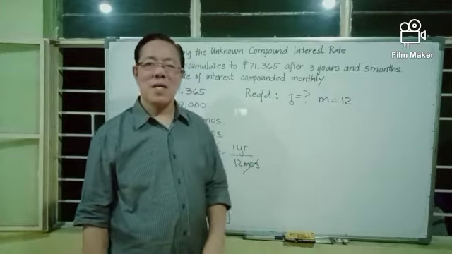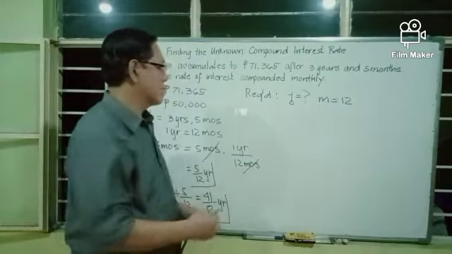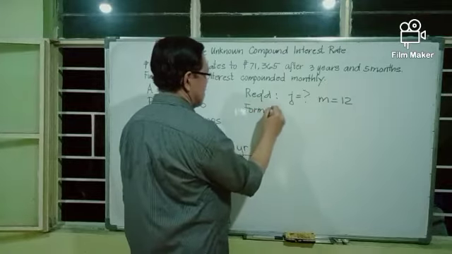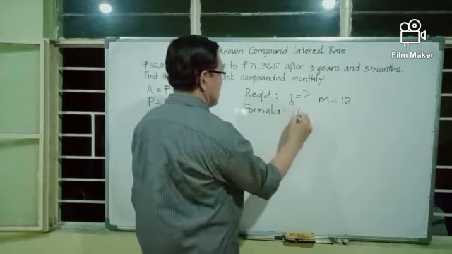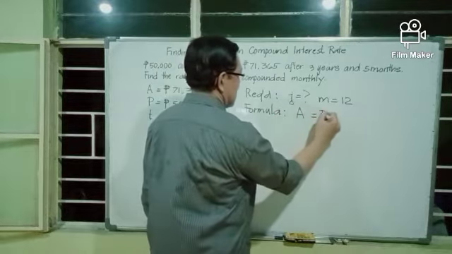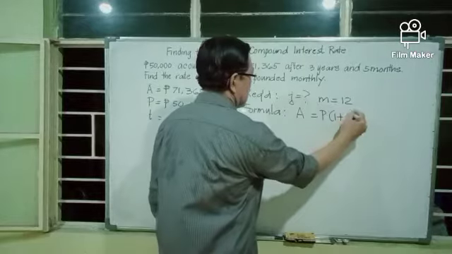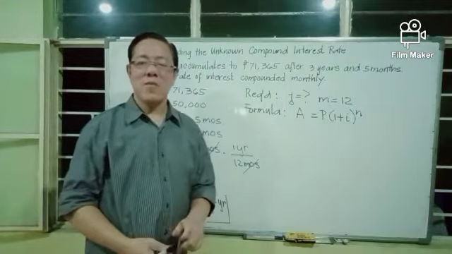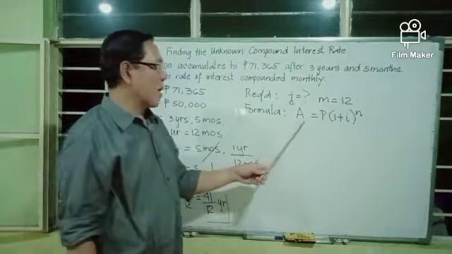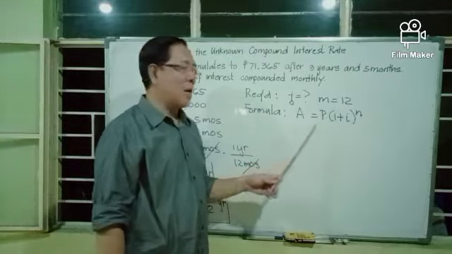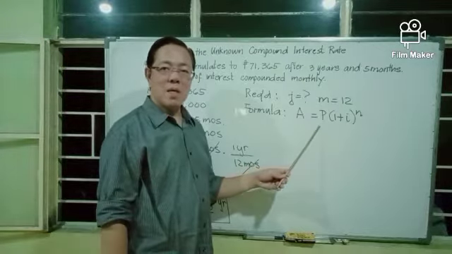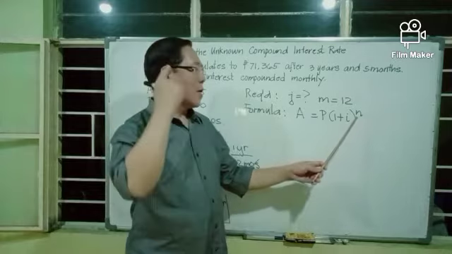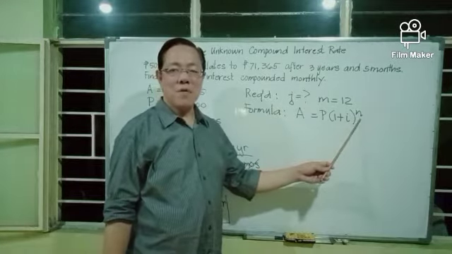At compound interest rate, the formula for computing the accumulated value of the principal P is given by A equals P times quantity 1 plus i to the power n, where n is the total number of conversion periods.